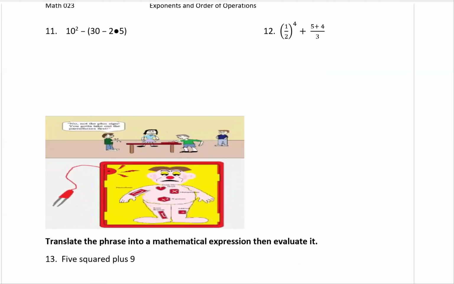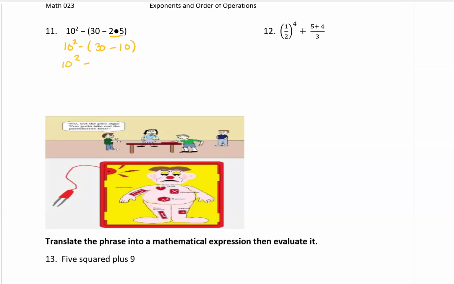Number 11, we need to do things in order. So we need to work within the parentheses first. So I have 10 squared minus the quantity 30 minus 2 times 5, which is 10. So that would be my first step. My next step is to work within the parentheses.